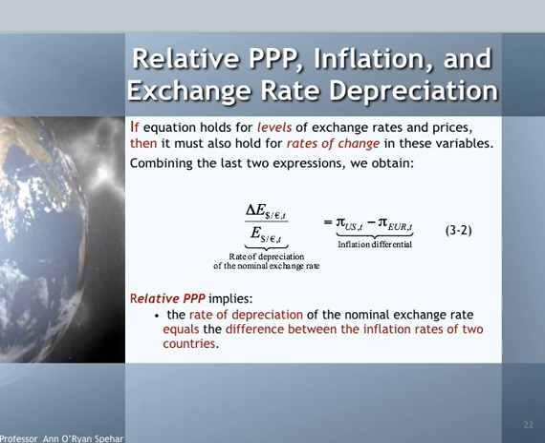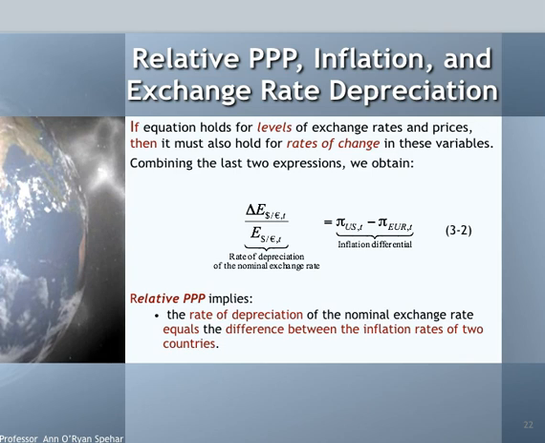If I subtract inflation at time t in Europe from inflation at time t in the United States, I ought to get the rate of change of the exchange rate, that is, the rate of depreciation of the nominal exchange rate. So relative PPP means that the rate of depreciation of the nominal exchange rate equals the difference between the inflation rates of two countries. Now we have two very important concepts. We talked about absolute purchasing power parity, which equaled Q, which implied that if absolute purchasing power parity held, Q equaled 1.